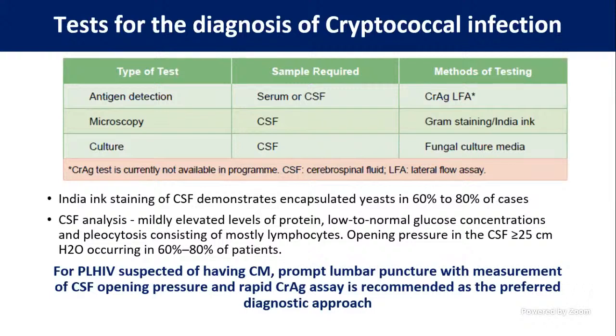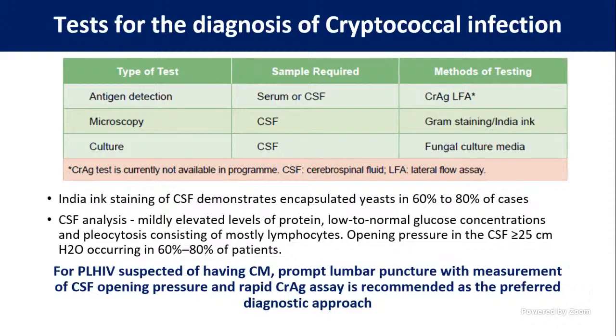And number two, it has a problem with sensitivity. It picks up cryptococcal yeast forms in only about 60 to 80% of cases, which means that in about 20 to 40% of cases, it can actually miss cryptococcal yeast forms. So it is not a very sensitive test, whereas the antigen detection test is very highly sensitive and very specific also.